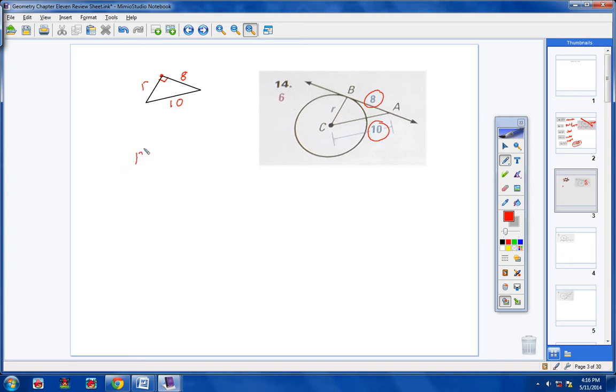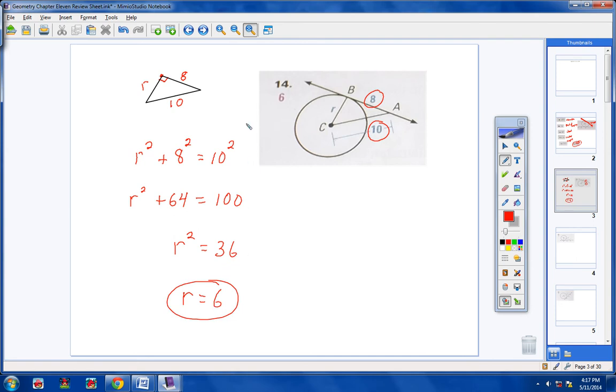One of my legs is R, my other leg is 8, and my hypotenuse is 10. So I would have R squared plus 64 equals 100. Subtract 64 from both sides and I would have R squared equals 36. Take the square root of both sides, and R equals 6.